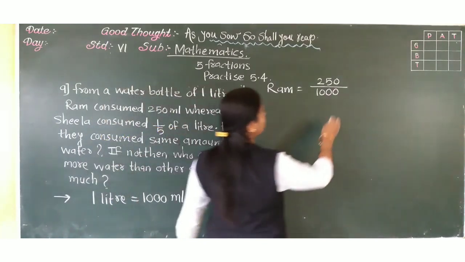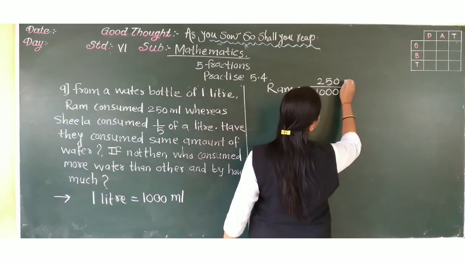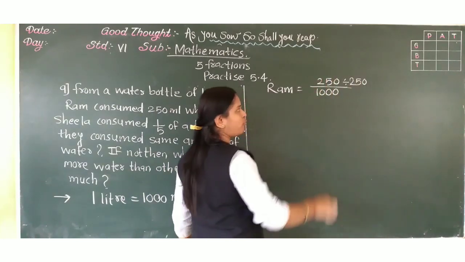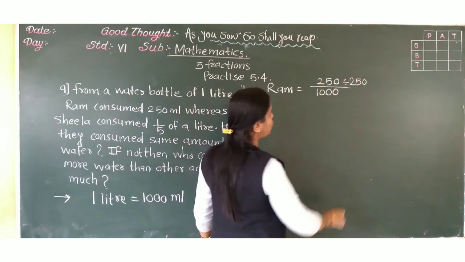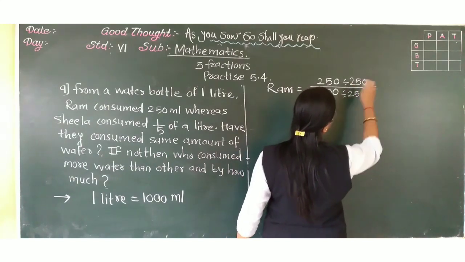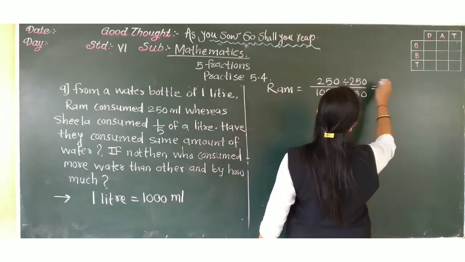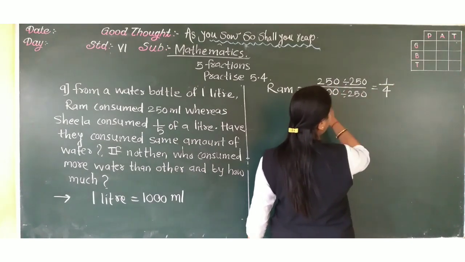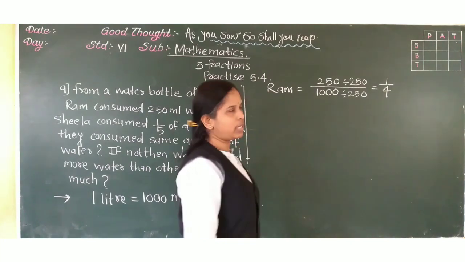Correct? So if you take the HCF of both the numbers, it is 250. So divided by 250, 250 ones are 250 and 250 fours are 1000.